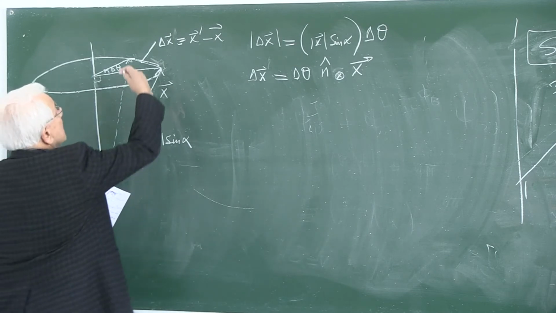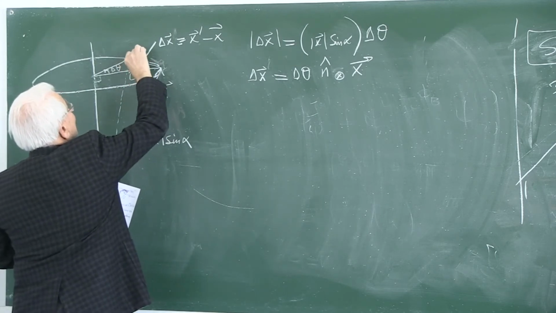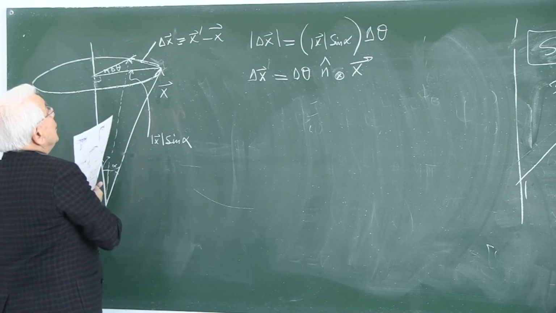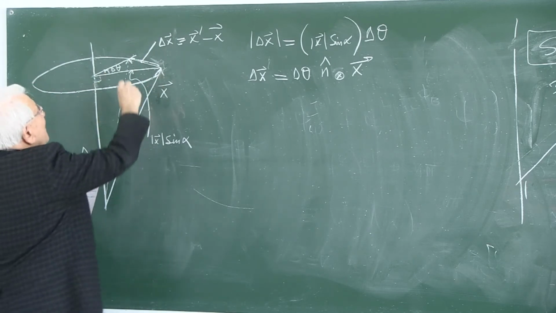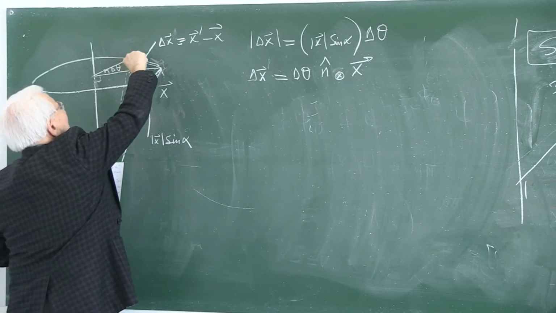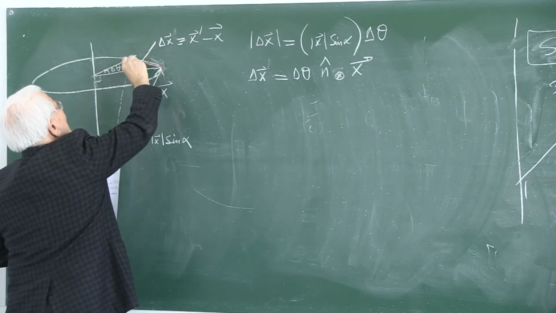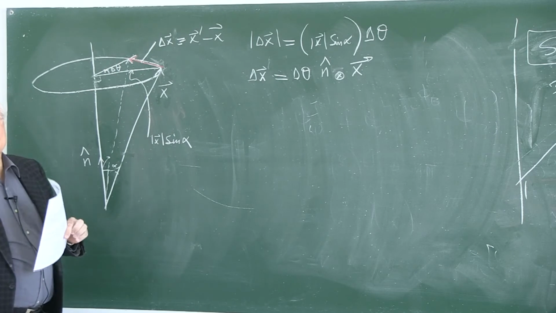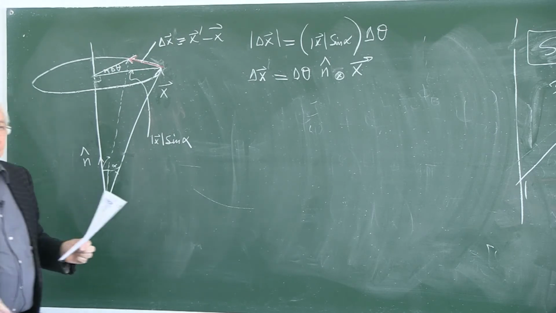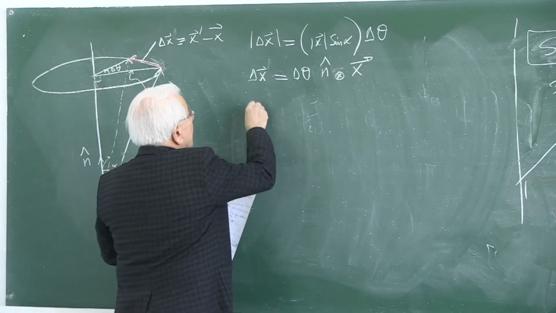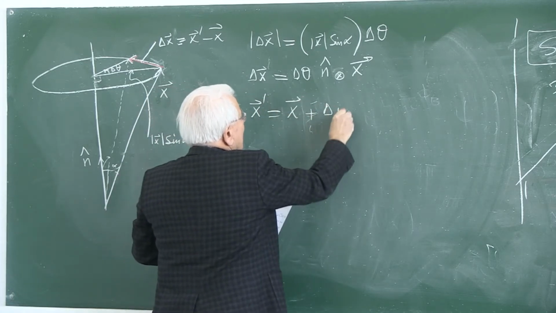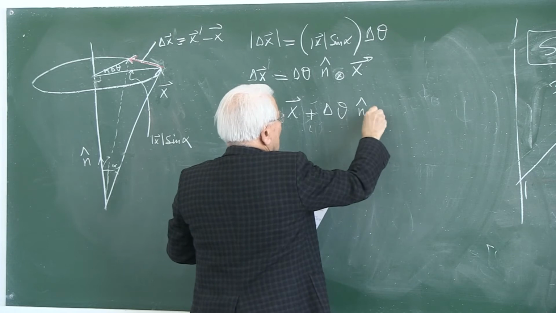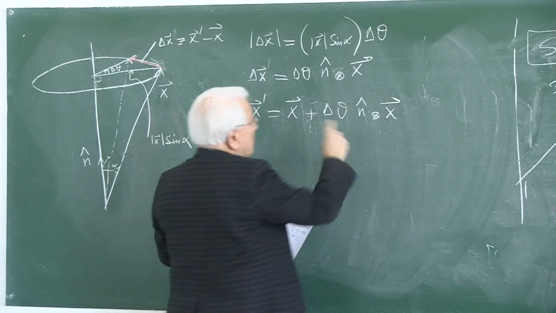This delta x, the vector, in terms of x and n and the angle, is given as such. So as a result of the infinitesimal rotation, x becomes this, as is clear from that picture.